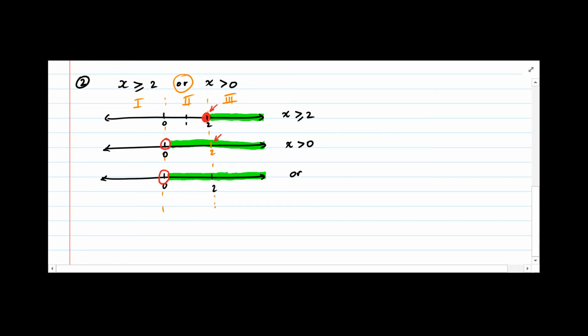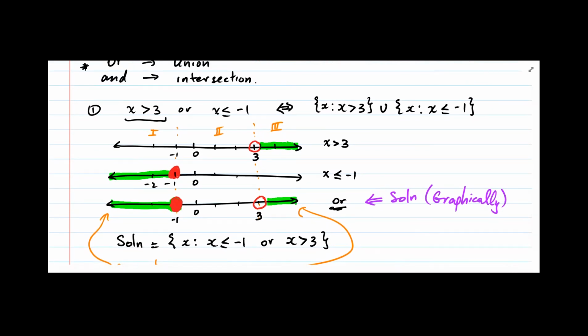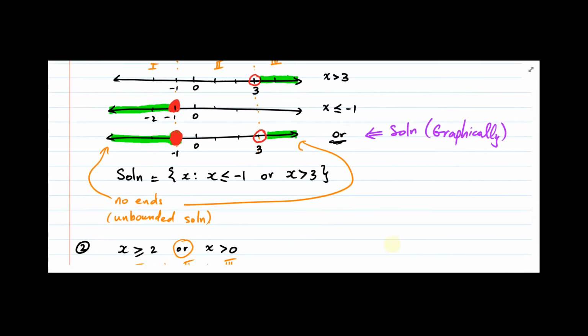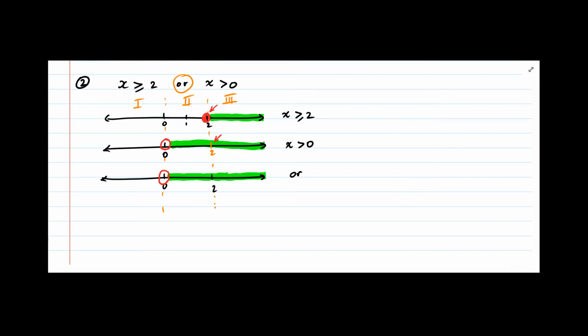So in this case, unlike the previous one, right, let's go back. The previous one, we had an OR statement and we ended up with 2 regions, as indicated. Now we still have an OR statement, but this time when we look at this all together, we see, or we can write that our solution set is a set of x's such that x is greater than 0.